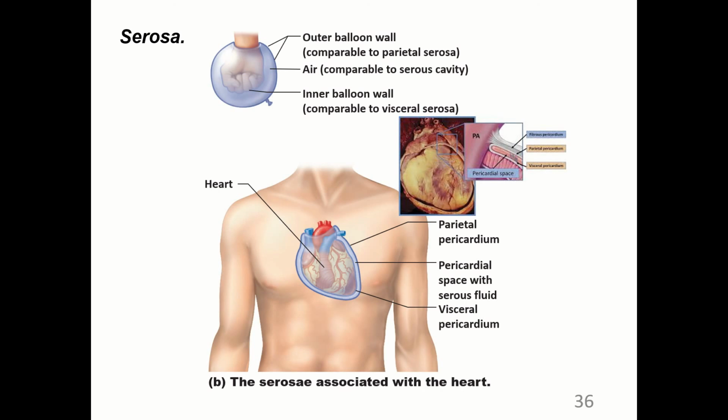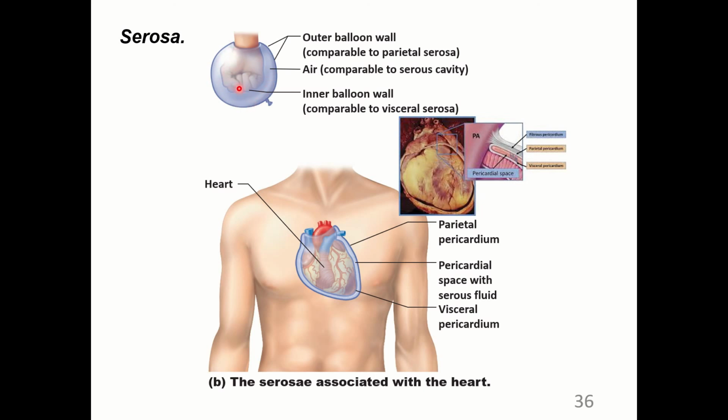In this slide, the serous membrane is illustrated around the heart, and also imagine if you put your hand into a balloon. The space between where your hand is and the actual balloon itself would be the serous space, and it would be filled with serous fluid.